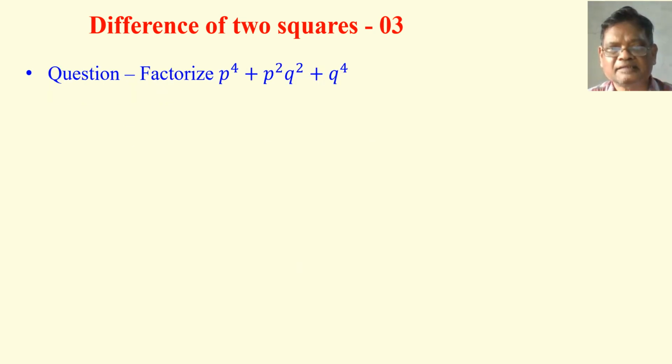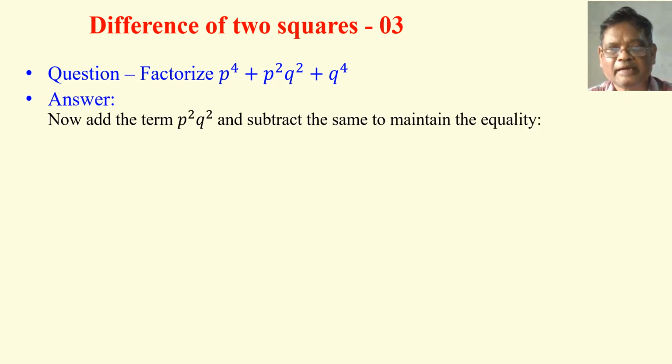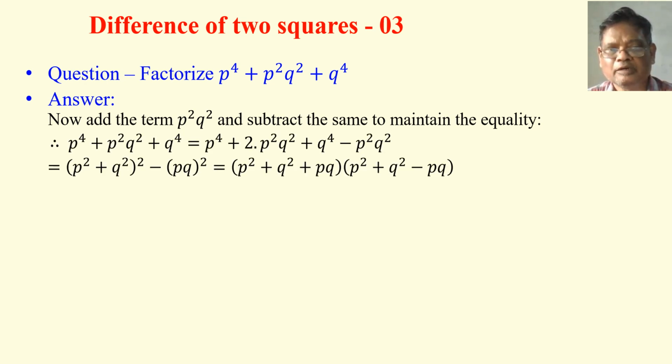Question. Factorize p to the power 4 plus p squared q squared plus q to the power 4. Answer. Now add the term p squared q squared and subtract the same to maintain the equality. Therefore, p to the power 4 plus p squared q squared plus q to the power 4 is equal to p to the power 4 plus 2p squared q squared plus q to the power 4 minus p squared q squared, which is equal to (p squared plus q squared) whole thing squared minus (pq) whole thing squared.